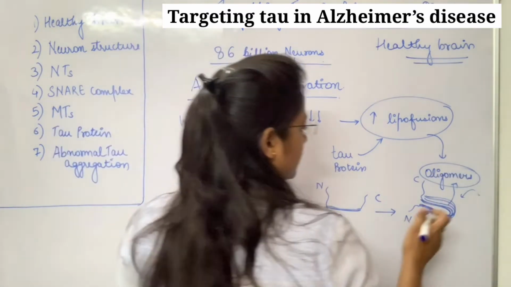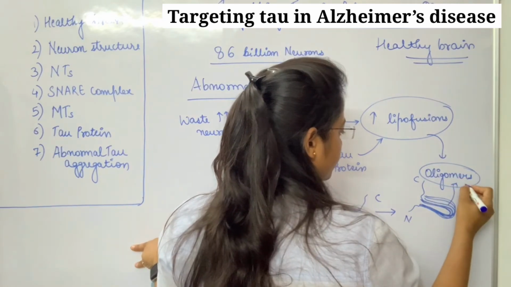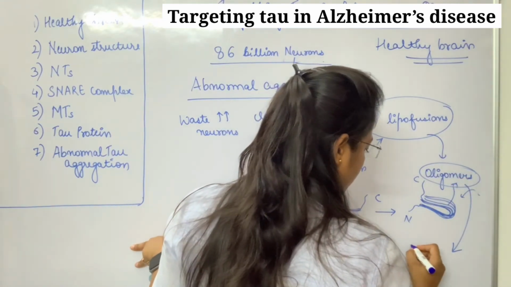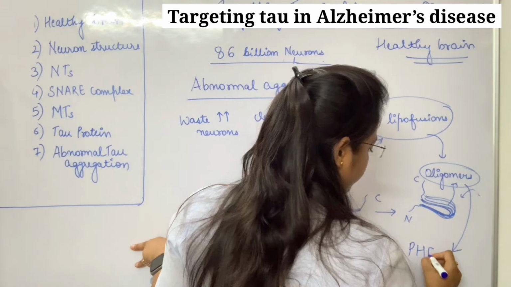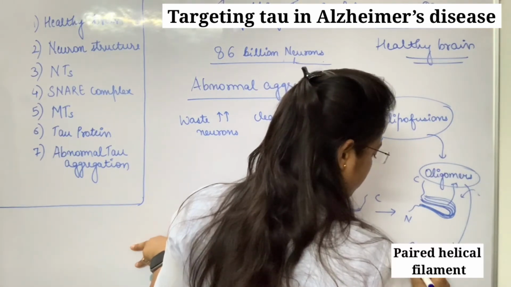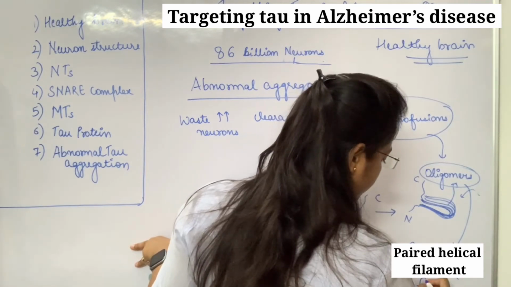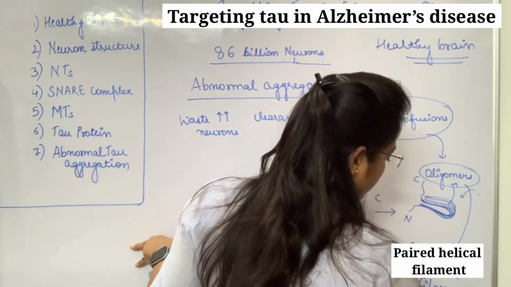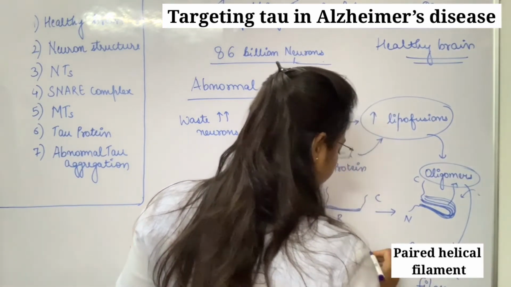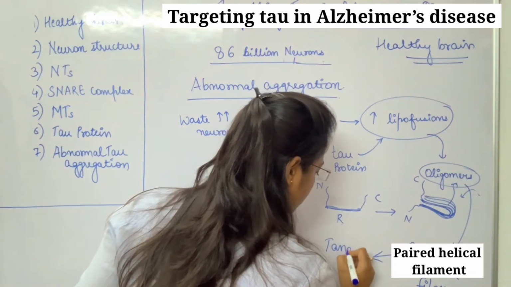Now these oligomers form PHF, paired helical filaments, which further form tangles.